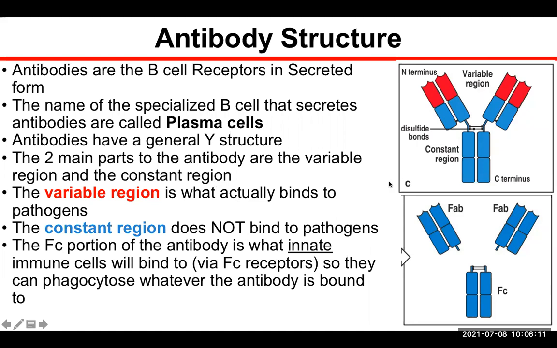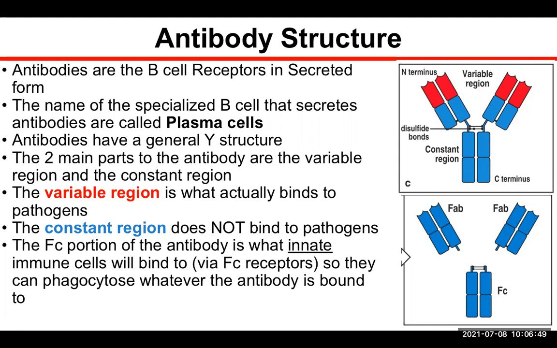The other part of the antibody is known as the constant region. Within some of this constant region is the FC portion. The constant region does not interact with the pathogen itself. That's only the variable region. The point of the FC portion of the constant region is to help immune cells, specifically innate immune cells, recognize that there's pathogen present via their FC receptors, so they can phagocytose, or eat, anything that has antibody bound to it.